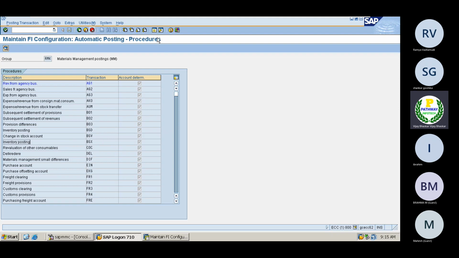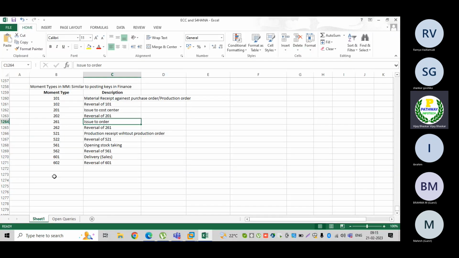First you need to understand automatic posting. See, maintain FI configuration automatic posting procedures here. It means that whatever transactions we want to trigger, our system needs to determine the GL accounts. This is the place where integration happens between finance and MM.